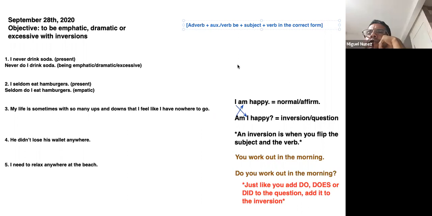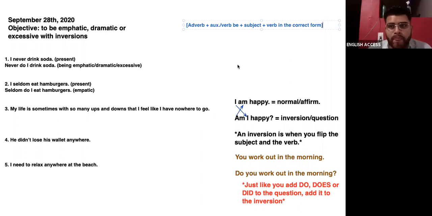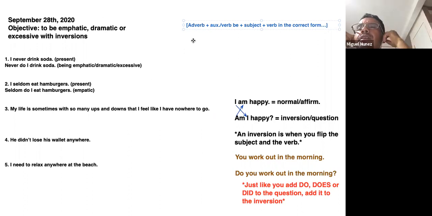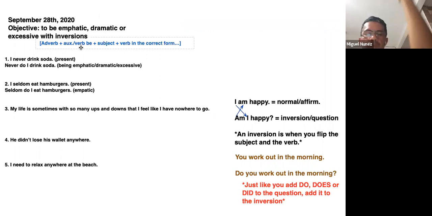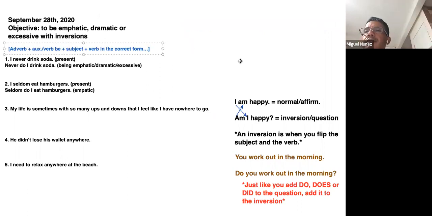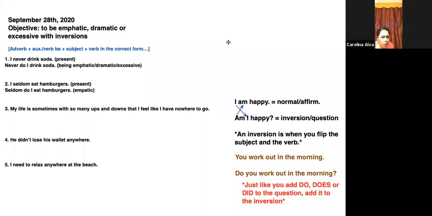Teacher, I have a question. Tell me, sir. If you have the verbs, well, because you're using an auxiliary, right? So that helps the verb to make it in that tense. Let's say will. You don't need to change the verb.